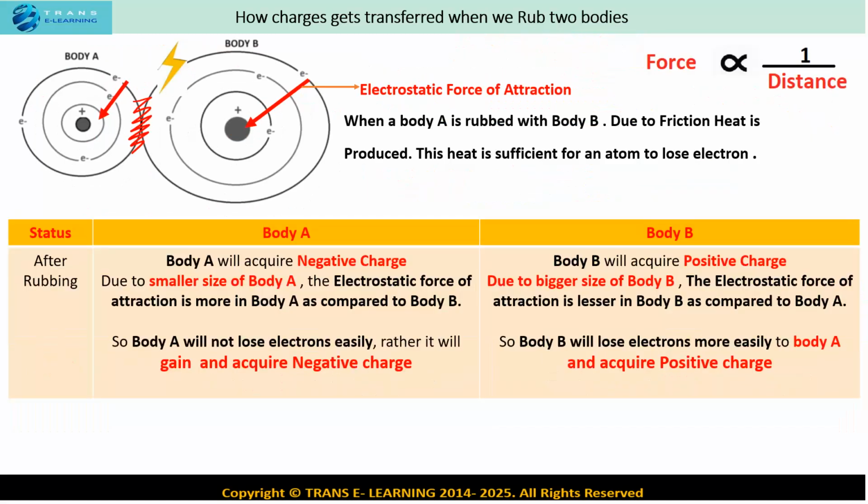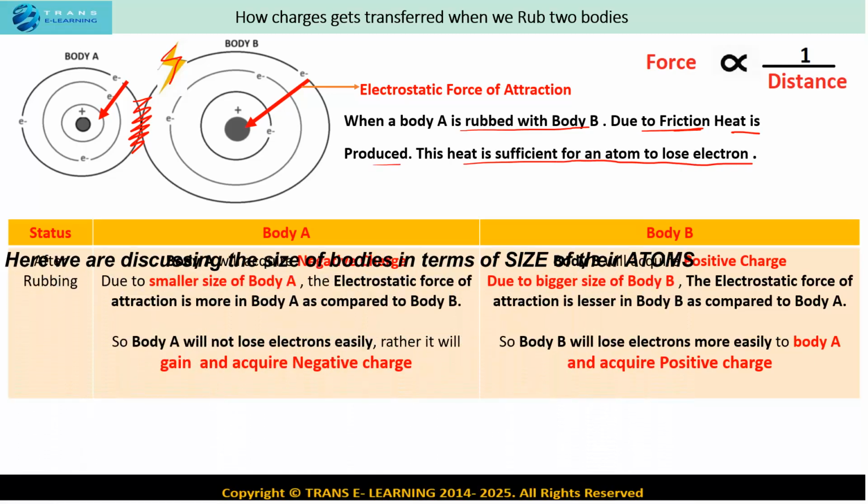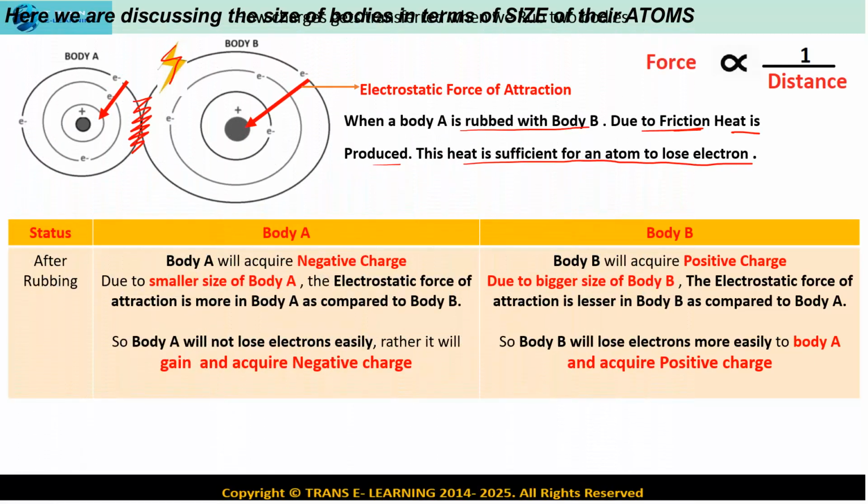So now when body A is rubbed with body B, due to the friction, heat is produced. You can see that this heat is produced. The heat is sufficient for an atom to lose electrons. Now the question arises: out of A and B, which body is going to lose electrons and which body is going to gain electrons? So what will happen after rubbing?